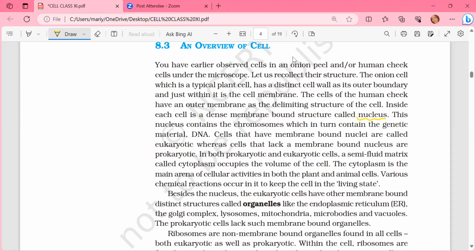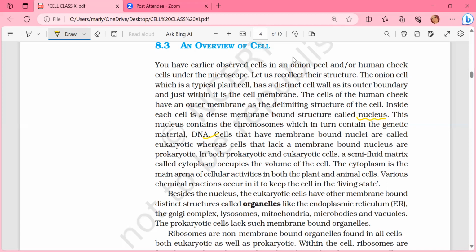Chromosomes are the carriers of the genetic material, and the genetic material is DNA. Meaning the cell is there, inside the cell the nucleus is present, inside the nucleus chromosomes are present, and the chromosomes carry the genetic material, which is the DNA.